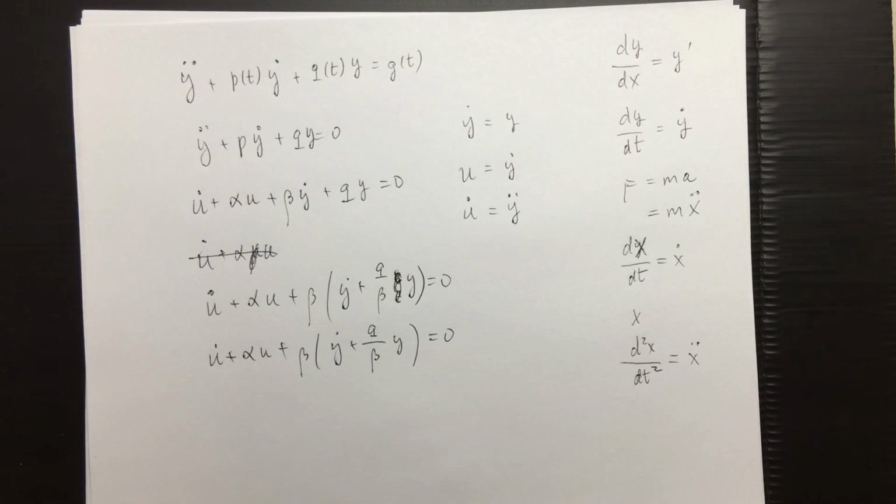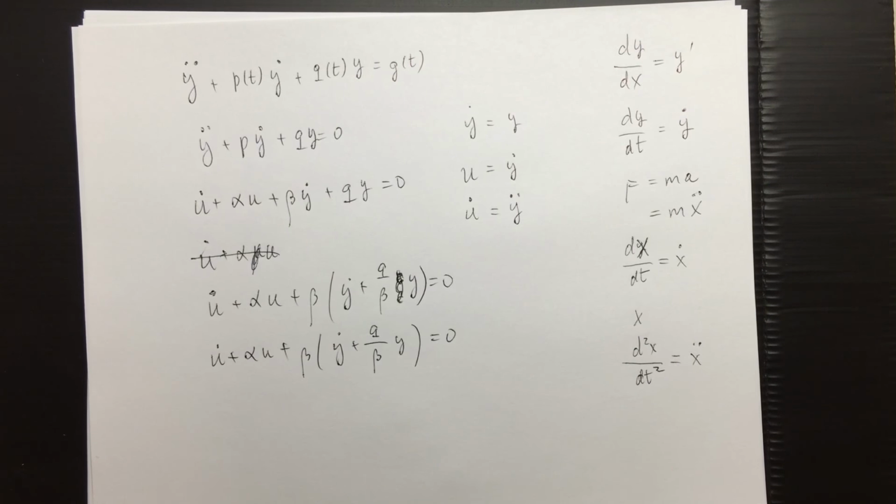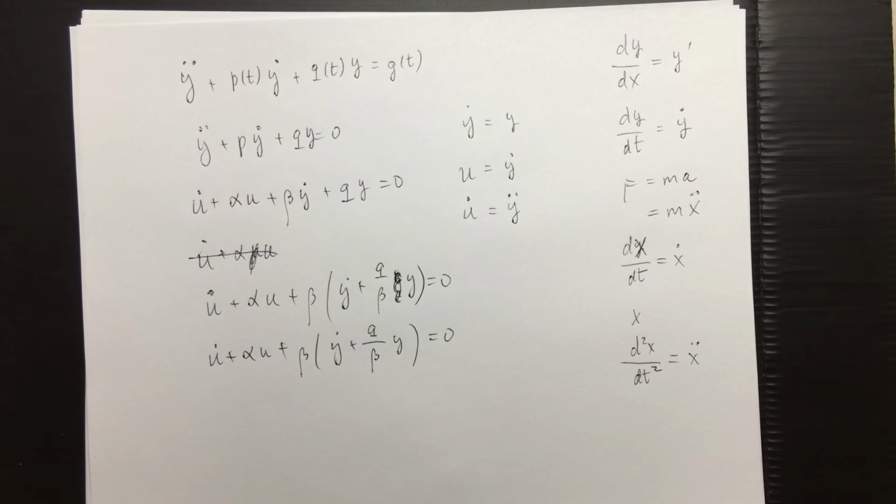So let's do this. Let's see how I want to do it. It doesn't matter. We just do the way we do it. So alpha and beta are stuff that we set up.